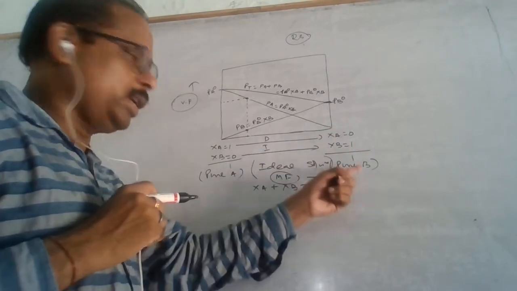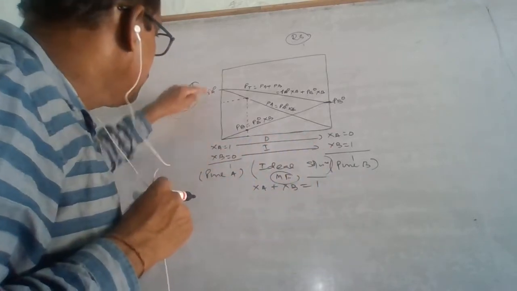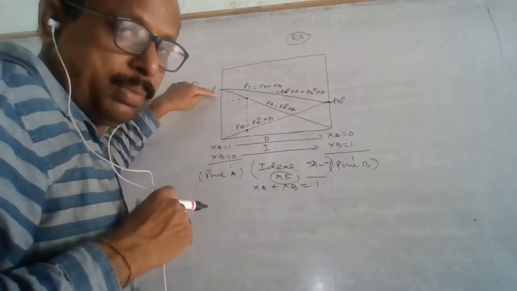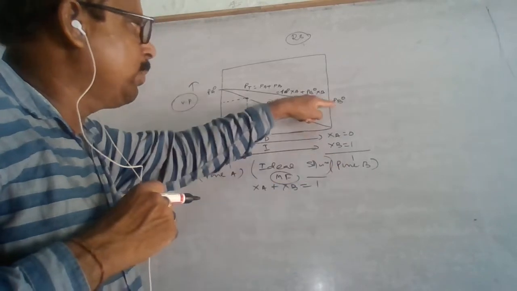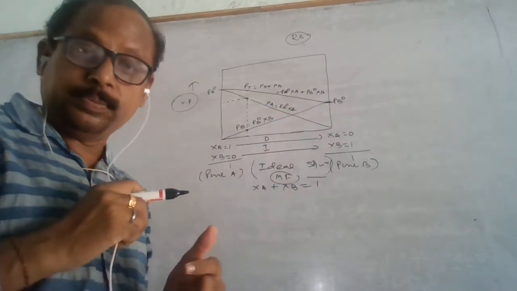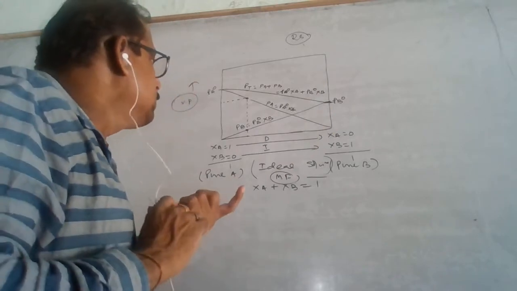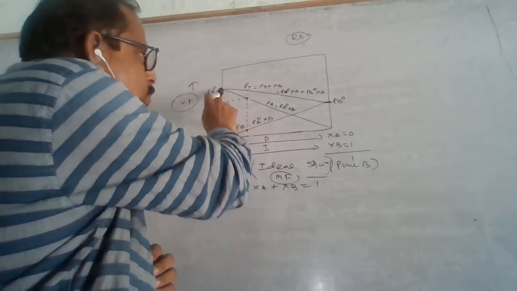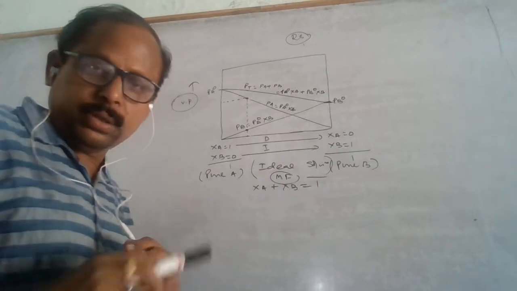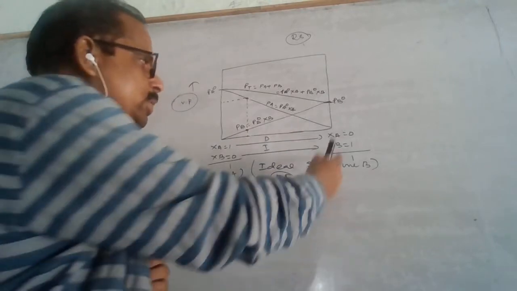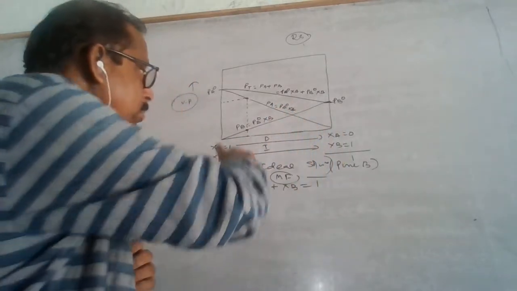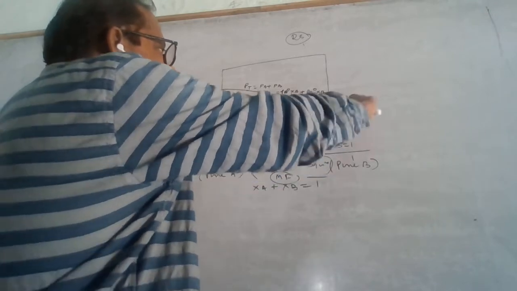So here is pure A and here is pure B. The vapor pressure of pure A is PA0, and the vapor pressure of pure B is PB0. PA gradually decreases to 0 here because there is no A left, but here PB gradually increases.